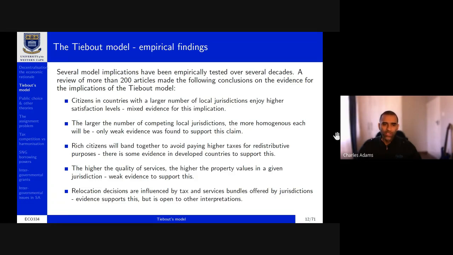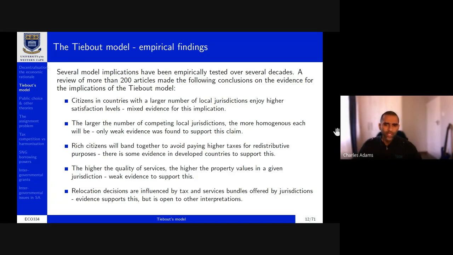Then another implication is that rich citizens may band together to avoid paying higher taxes for redistributive purposes, right? There's some evidence in developed countries to support this claim. Another implication is that the higher the quality of services, the higher the property values in a given jurisdiction. And here we observe somewhat weak evidence to support this.